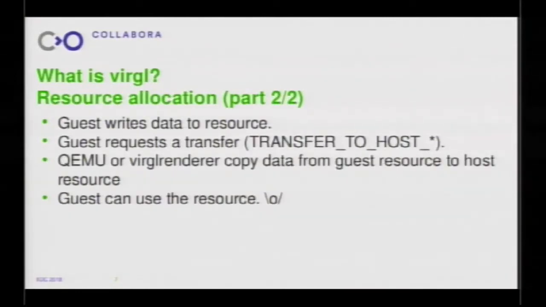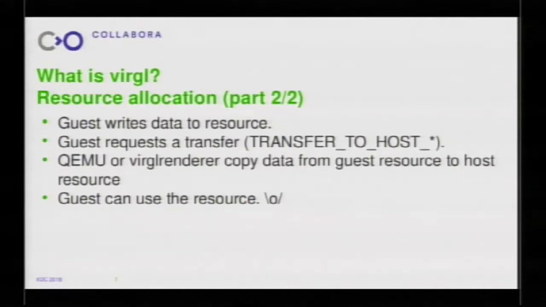So the guest will now be able to write data in the resources, and if you want to transfer, you need to request that transfer. So qemu or Virglrenderer can copy the data from the host. Everything is now set up, and we can start the 3D acceleration.